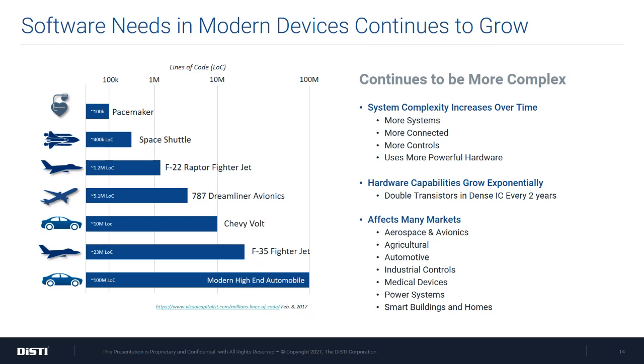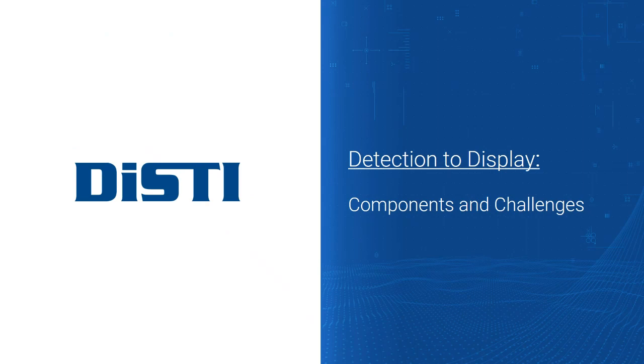Looking at 2017, there was a great study done by Visual Capitalist, comparing a pacemaker, space shuttle, a couple of different types of aircraft and automobiles. When you look at the modern high-end automobile, you're looking at over 100 million lines of code. And so that level of detail and that level of development really requires higher level functional safety capable hardware as well. And that brings us to the components and challenges of an AR engine.